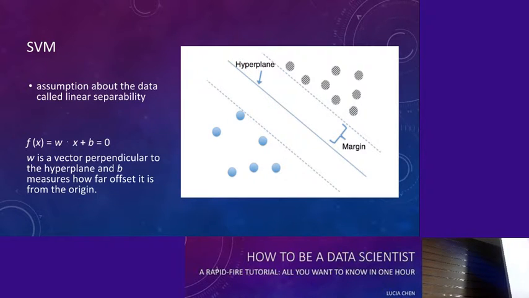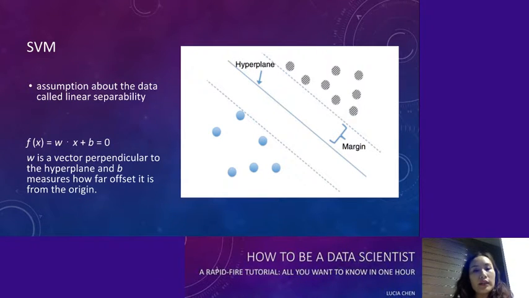It's a linear hyperplane like this, and this is called linear separability. So this is a function, and W is a vector perpendicular to the hyperplane, and B measures how far offset it is from the origin margin.